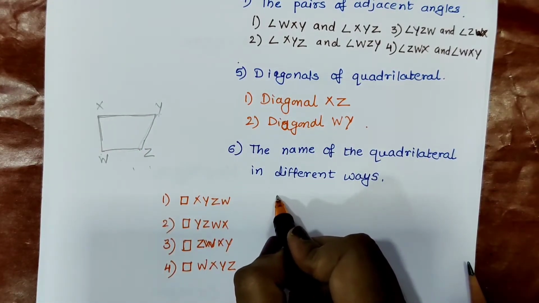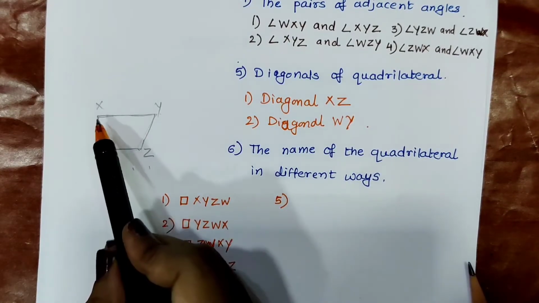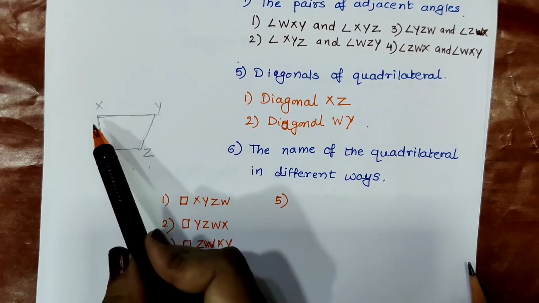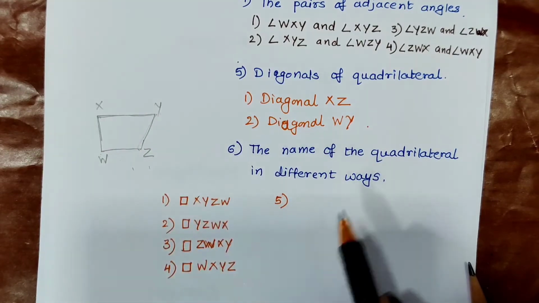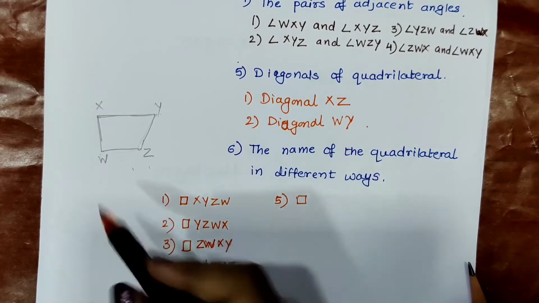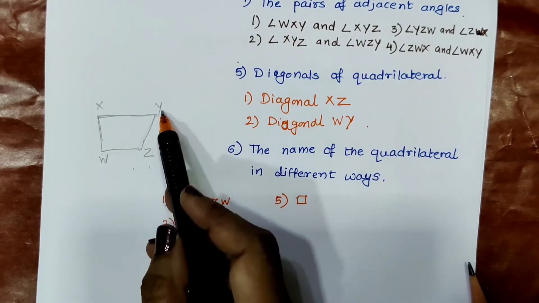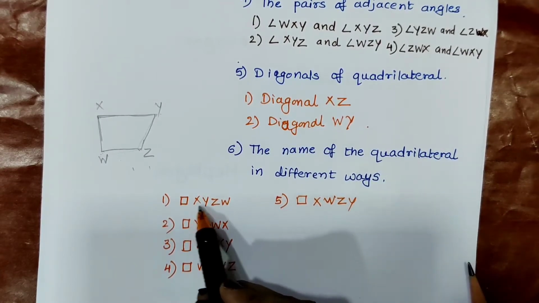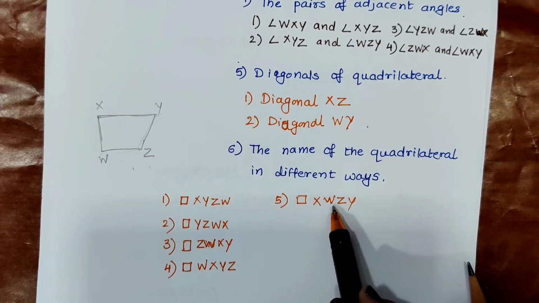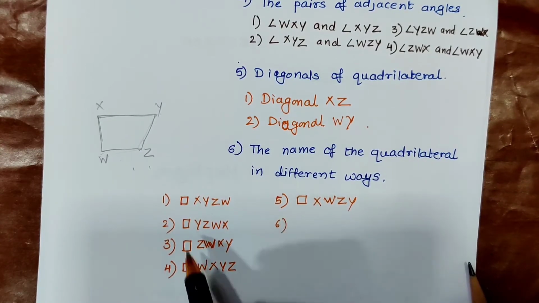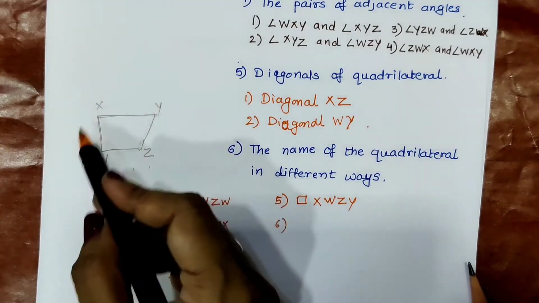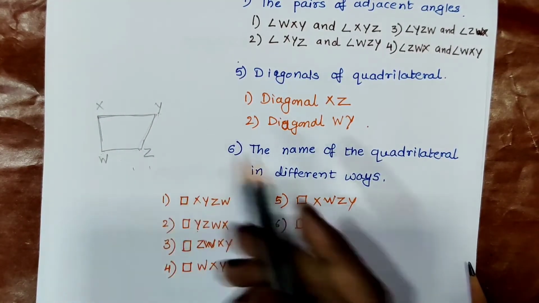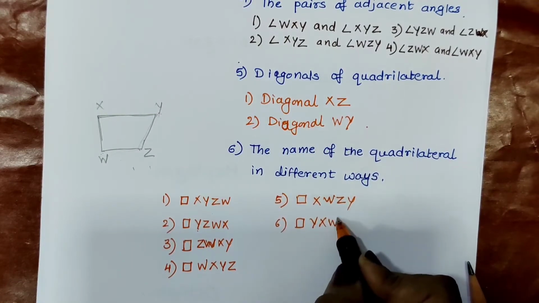Now let us go in the anti-clockwise direction. We start from X again. Here we started from X and went in the clockwise direction. Now we will go in the opposite direction, anti-clockwise. So here it is XWZY. See, here it was XYZW, and now XWZY. Now we can start from Y again, but go in the opposite direction: YXWZ.